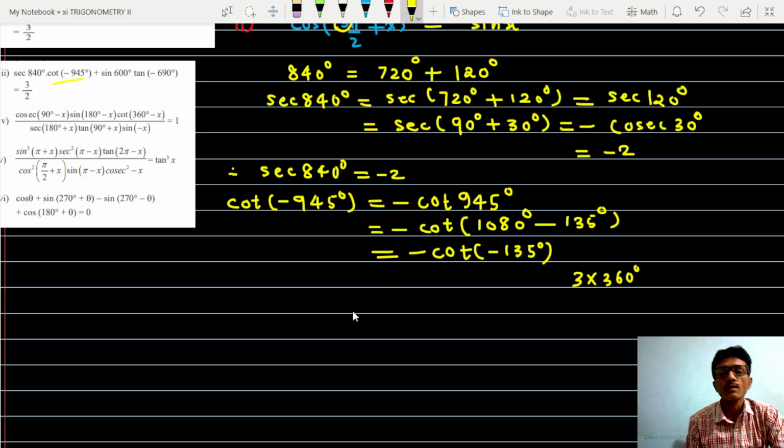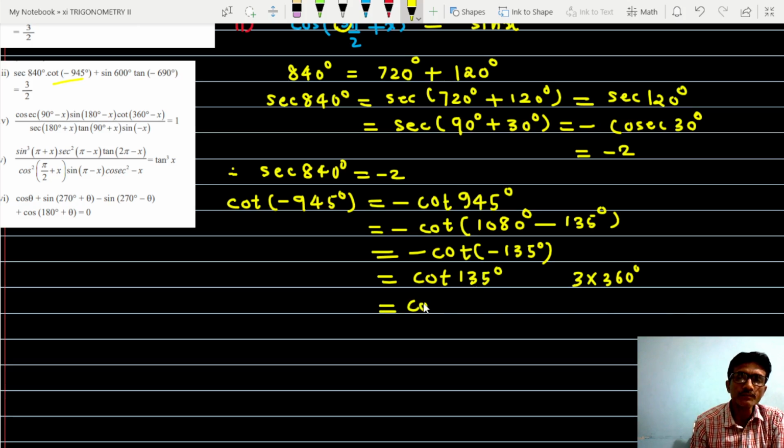Yes, and minus of cot of minus will be plus cot only, so it will be equal to cot of 135 degree. 135 degree we will write as cot of 90 plus 45 degree.